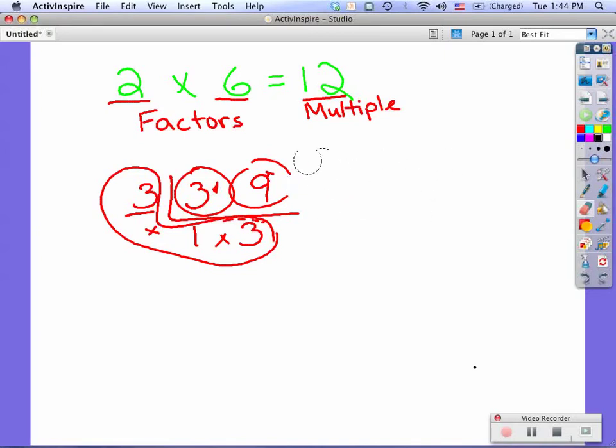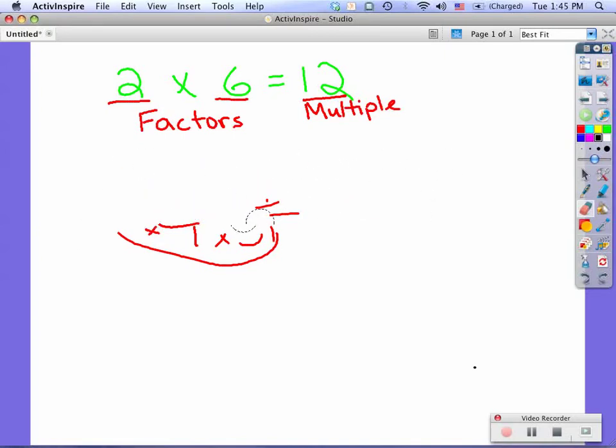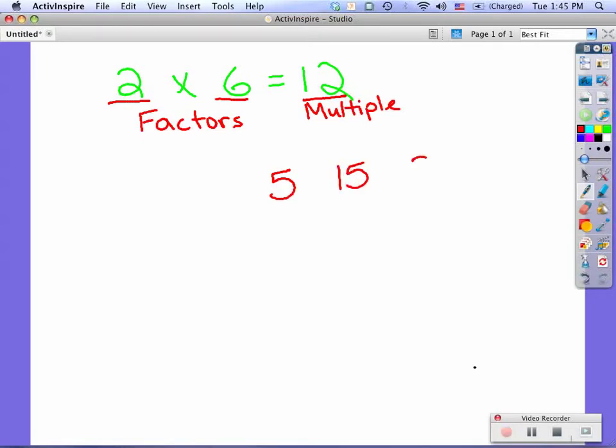If we take it one step further, we're going to go to 3 numbers. This is where it becomes a little more difficult. I have 3 numbers and I want to find the GCF. So I do like I always do. I start with the numbers 2, 3, or 5.